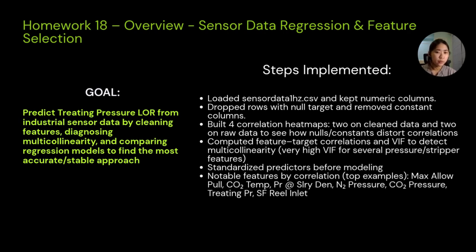And I also built four correlation heat maps, two on clean data and two on raw data, to see how nulls and constants distort correlation, as I've said before. And I also computed feature-target correlation and VIF to detect multicollinearity. After that, I received the notable features by correlation, which are the top examples I used for analysis.